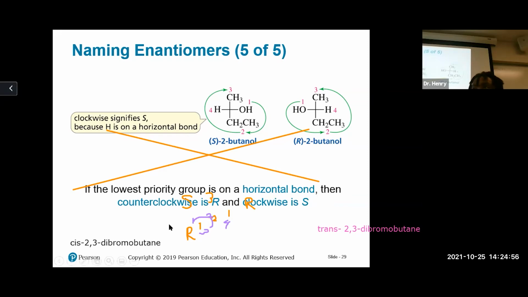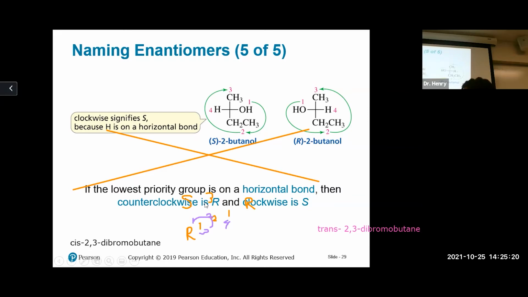So if we take a look at ours, this was 1 up here. My numbers are all screwed up here. No, here's 1, here's 2, here's 3. So that guy is going clockwise, right? So then that would be an S down here.